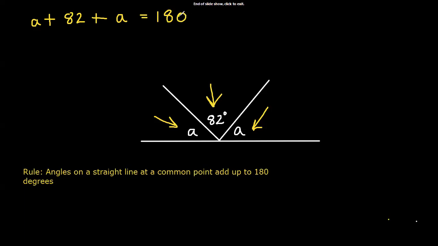Please understand that. That's what it means for these angles to be equal to 180. It means that A plus 82 plus A must equal 180.